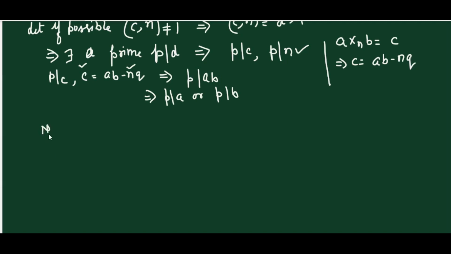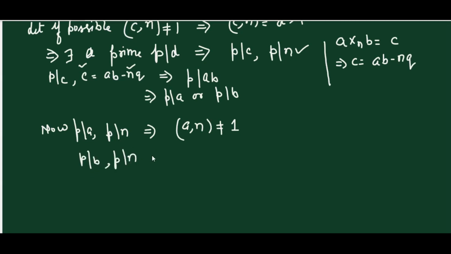Now p divides a and p divides n implies the GCD of a and n cannot be 1, because you have a common divisor p. Similarly, p divides b and p divides n implies b and n cannot be co-prime. So these are two contradictions.